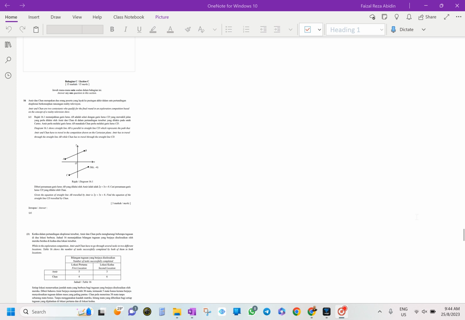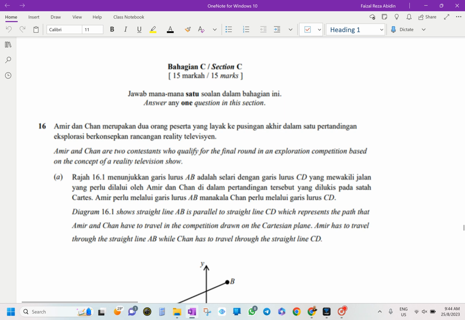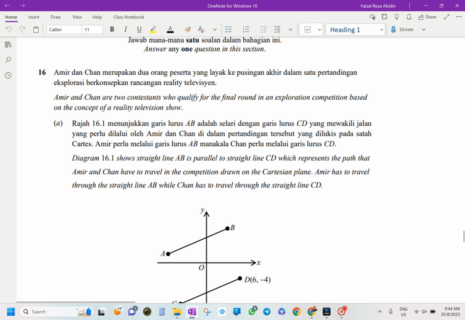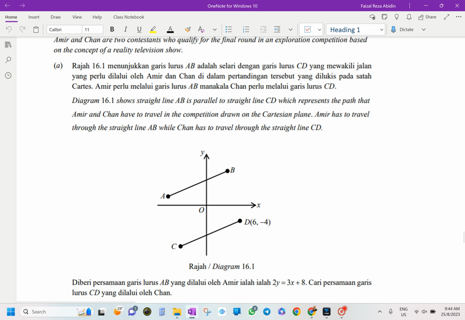We are going to continue with number 16 for section C. Amir and Chan are two contestants who qualify for the final round in the exploration competition based on the concept of a reality television show. Diagram 16.1 shows straight line AB is parallel to CD.